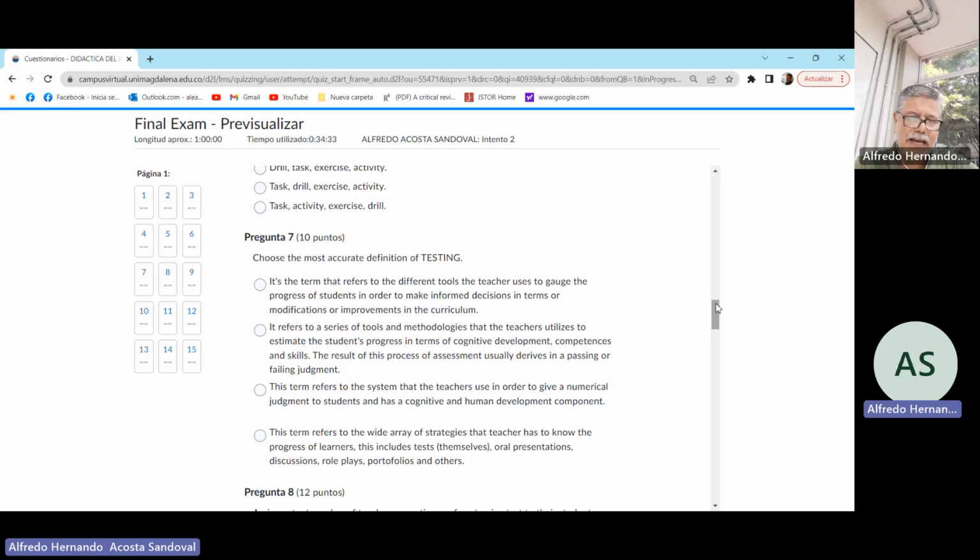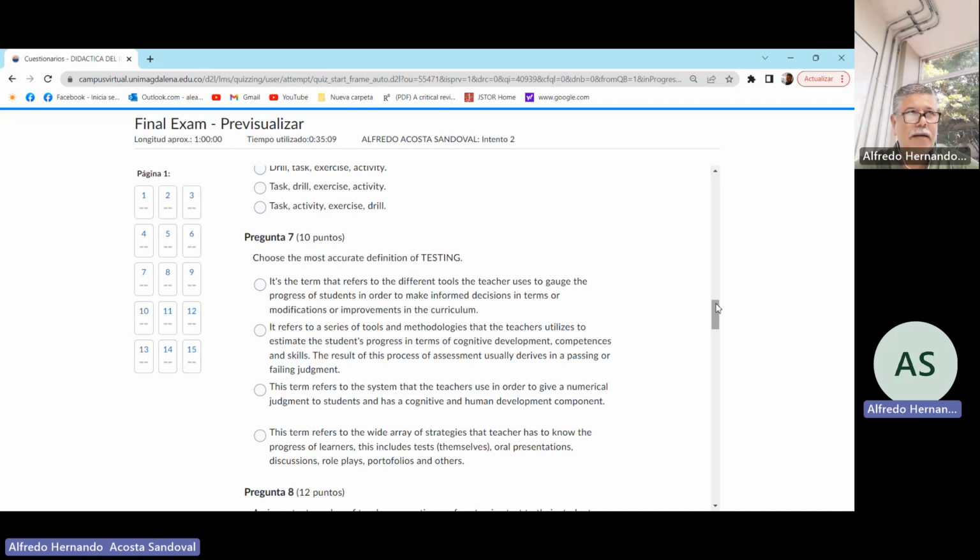But if you say that you test your students in order to make decisions and changes, that is not accurate. Number 3 says this term refers to the system that teachers use to give a numerical judgment to students and has a cognitive and human development component. No, because it says it has a human development component.